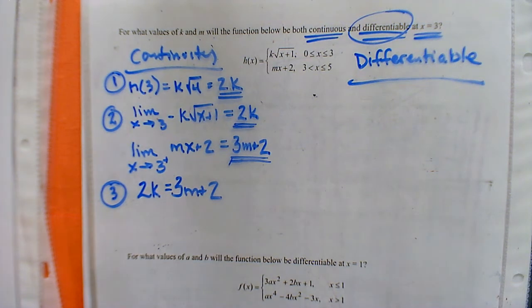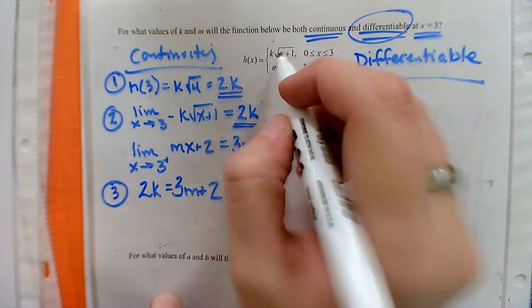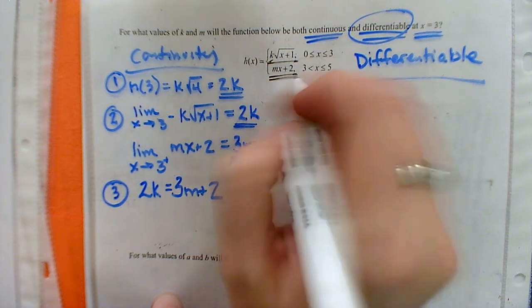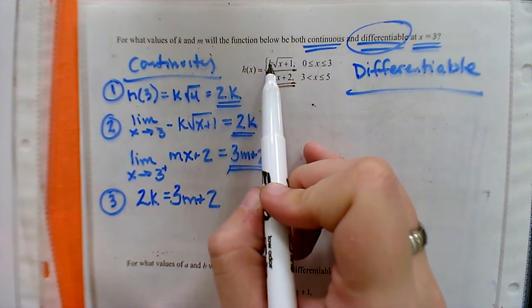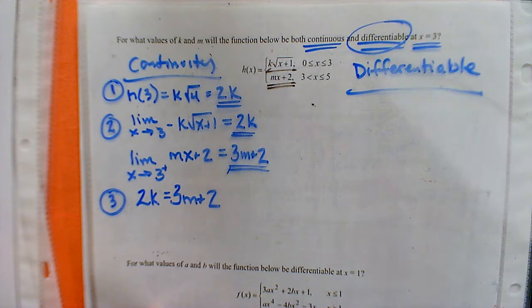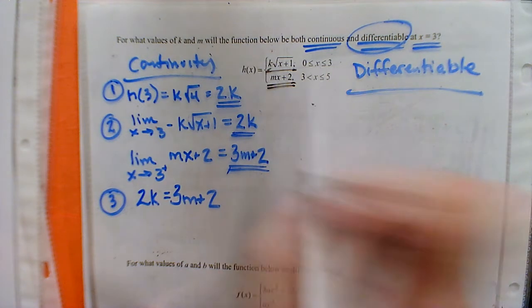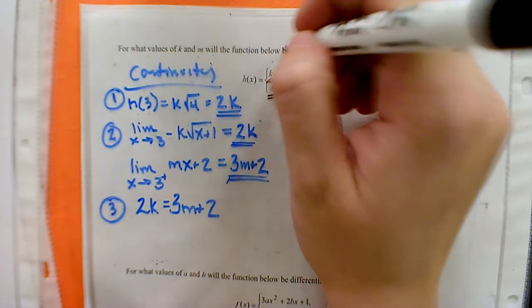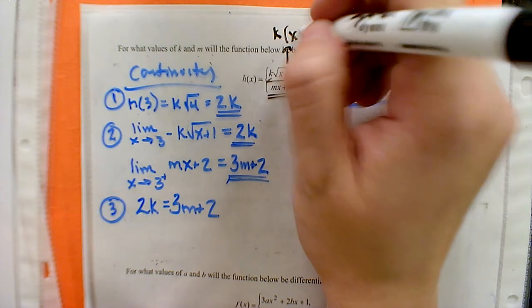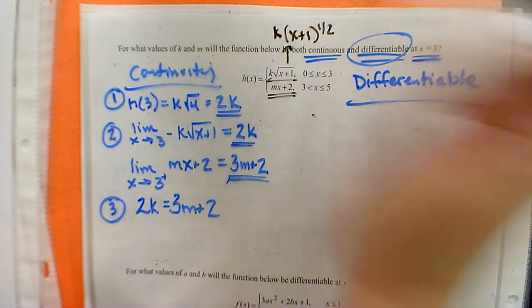So looking at your individual equations here, how might you want to find the derivative of both of them? Maybe we'll look at the first one. Remember, k is a number, okay, so we have k times the square root of x plus 1. I'm thinking chain rule. Yep, let's go ahead and rewrite it as x plus 1 to the 1/2 power.